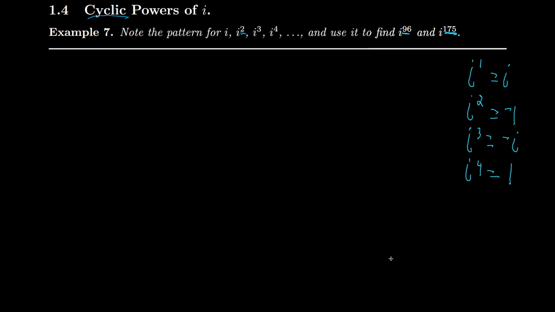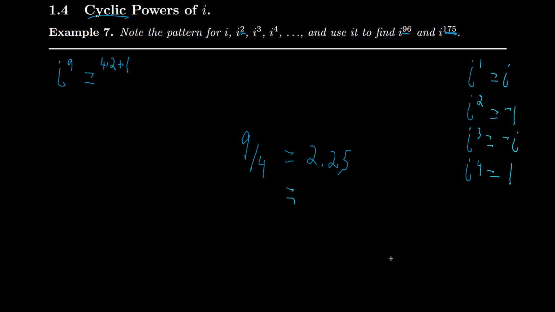For example, let me give you an even easier example before we hop into these big boys here. Let's do i to the 9. We can write 9 as 4 times some number plus some other number. Would you agree that 9 is just 2 copies of 4 and then 1 more? That is, 9 divided by 4 is 2.25.